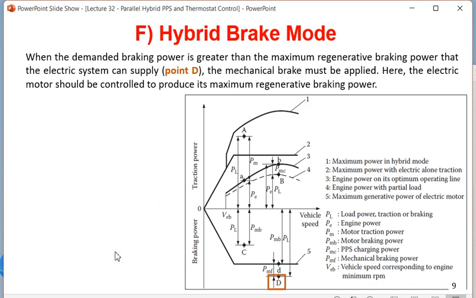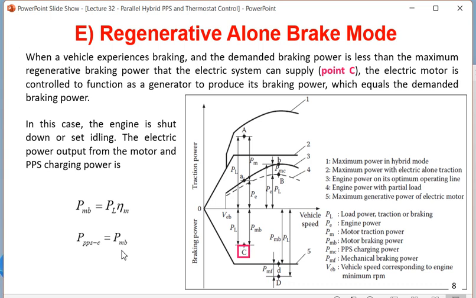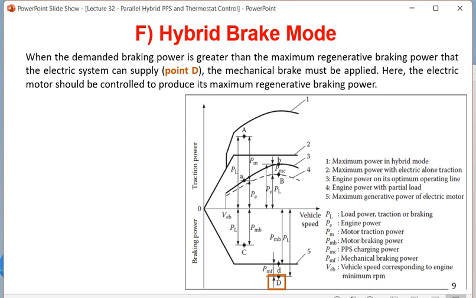Finally we find PPS is equal to PMB. That means all the braking power required by the vehicle, which is equal to PL, will be coming from the PPS itself. So this is an easier kind of braking, called regenerative braking, which is produced by the battery only.